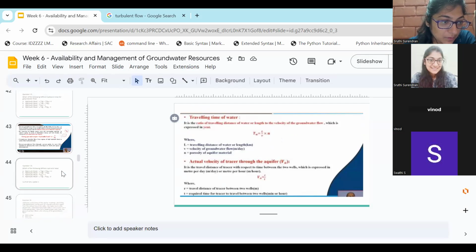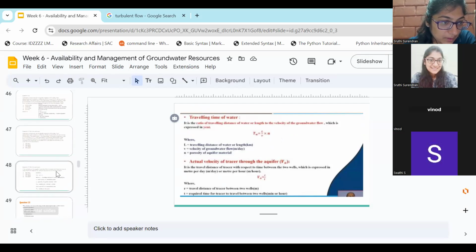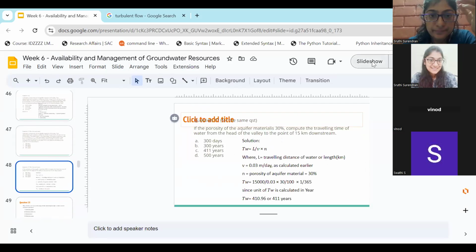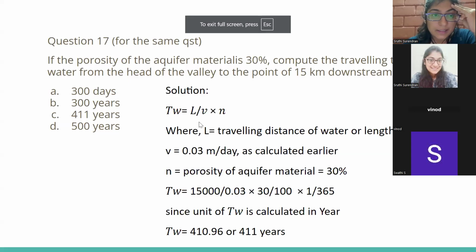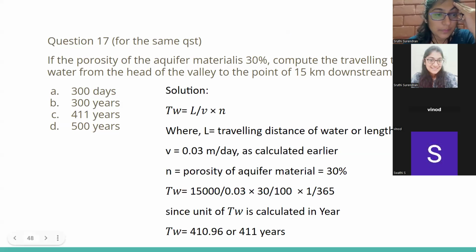So in the case of this question, we see that distance is given as 15 kilometers. Velocity we know from computing in the earlier question, that is 0.03 meters per day. Porosity is 30%, which is 0.3. So just multiply and also 15.